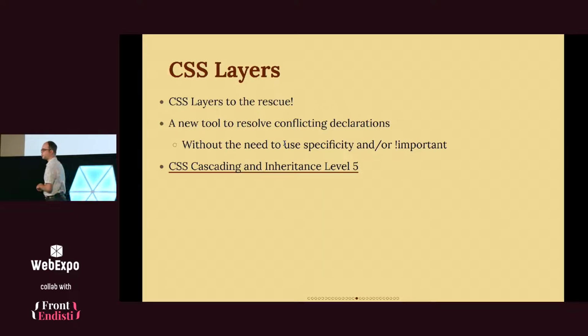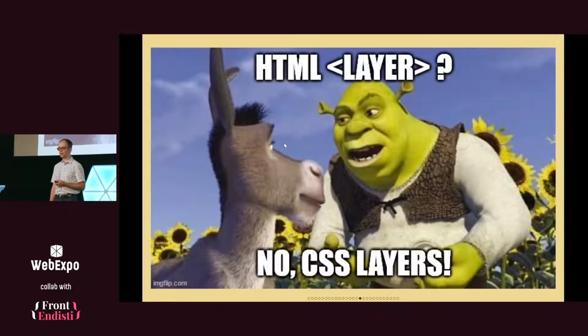Now, the thing that I'm talking about, CSS Layers, is a standardized thing. You can read about it in the document CSS Cascading and Inheritance Level 5, which is freely available online for your viewing pleasure. So let me show you how that works.